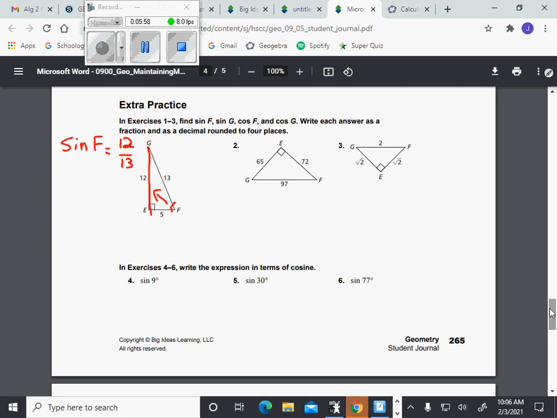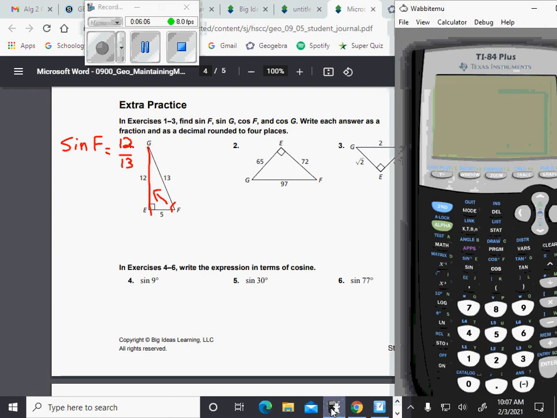So the sine of f is 12 over 13. If you type in the calculator, 12 divided by 13, you get 0.923.